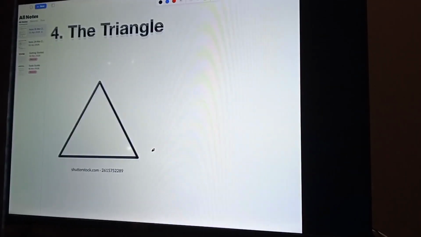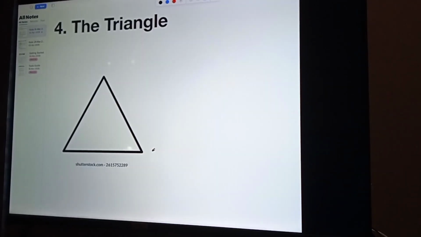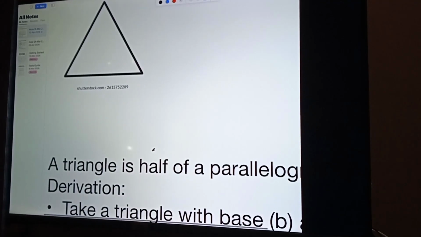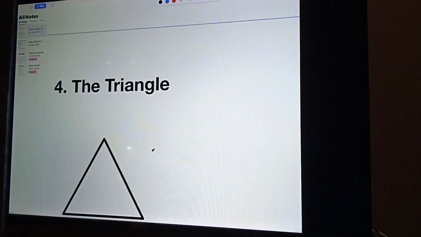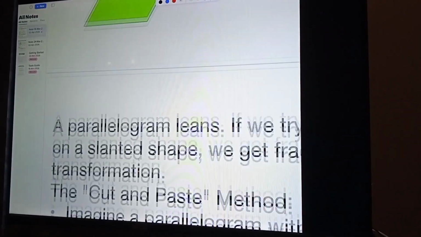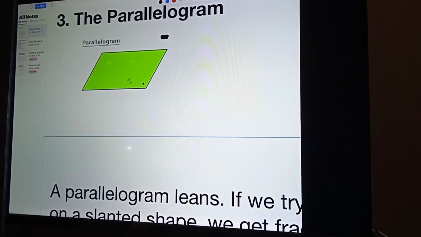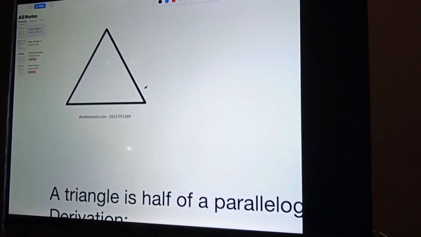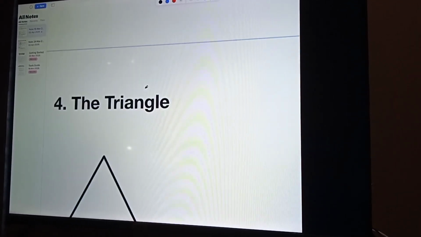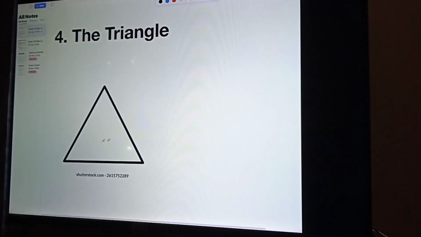Next is the triangle. Now if you see, the triangle is half of the parallelogram. When you halve this parallelogram, you get two triangles. So if you want to derive the formula of the triangle from the rectangle, what do you do?